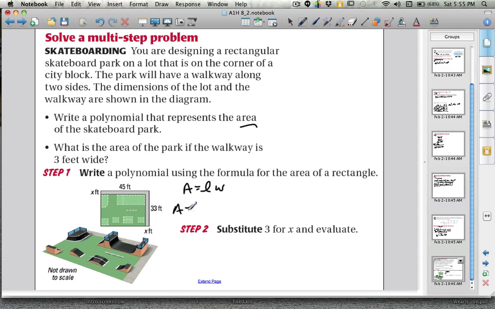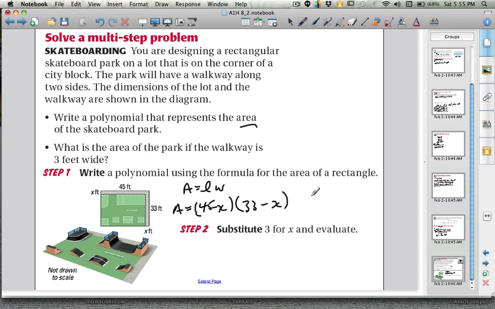Because I'm literally looking for the dimensions of the green area, and the sidewalk gets subtracted out of that. Actually, I know what L is. I know it's 45 minus x. And when we talk about the width, it's 33 minus x. Same reason, I'm taking out for the sidewalk.